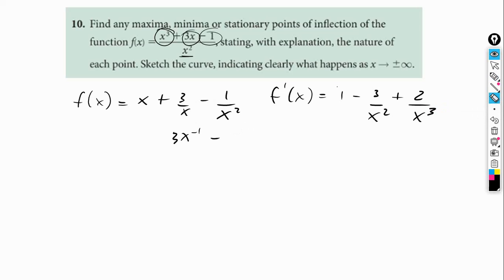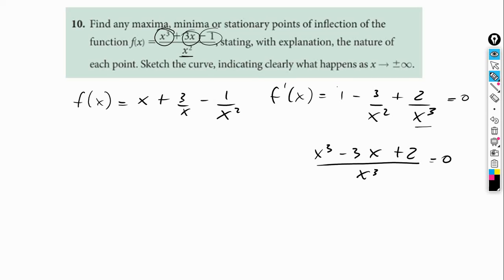Now, stationary points would exist when this equals 0. But in order to solve this, we need to have the same denominator. So the least common multiple is going to be x cubed, right? So we could rewrite this as x cubed minus 3x plus 2, all over x cubed.